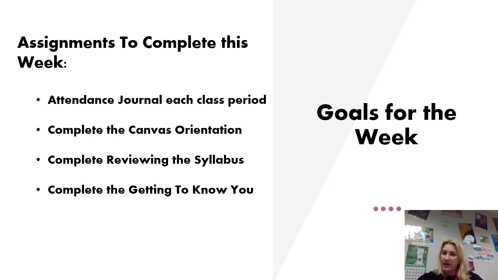So on Monday, anytime between 12 a.m. and 11:59 p.m. on Monday, August 17th, you need to complete the attendance journal, which is basically a question and you answer it with 50 or more words. It's a simple question, won't take you long to do, maybe 2 to 3 minutes, and then that's what you have to get done that day in order to get attendance.